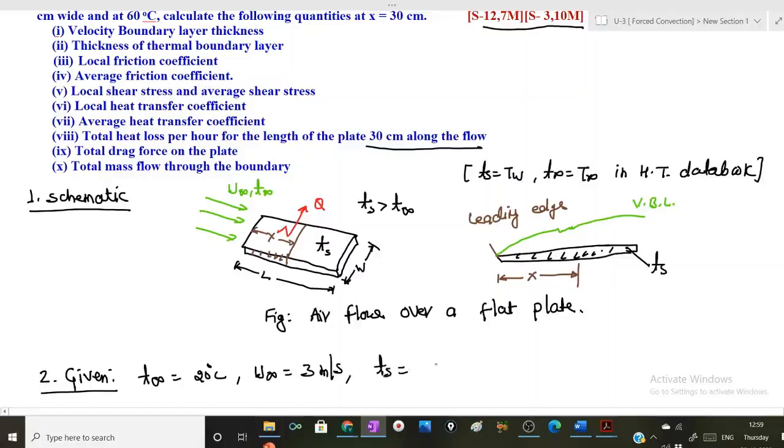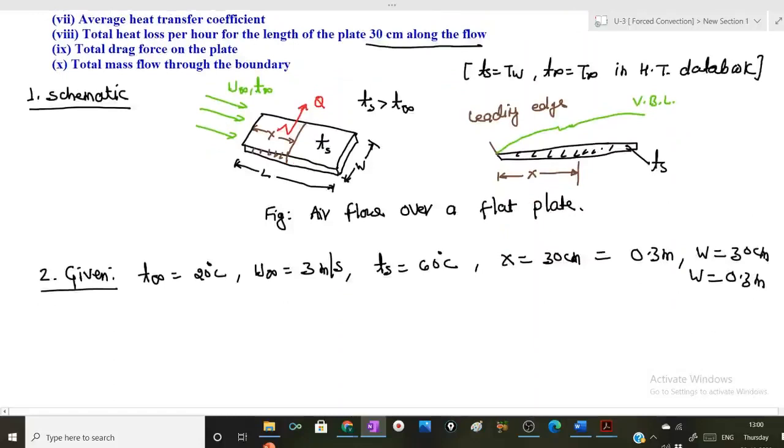Surface temperature is given as 60 degrees Celsius and local distance as 30 centimeter, that is 0.3 meter, and width of the plate is also given as 30 centimeter, that is 0.3 meter. Okay, so I could sum up all these parameters as well. Entire length of the plate, that is capital L, is not mentioned in the problem.